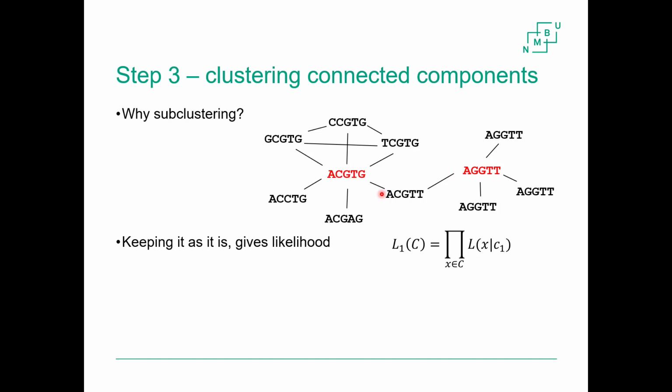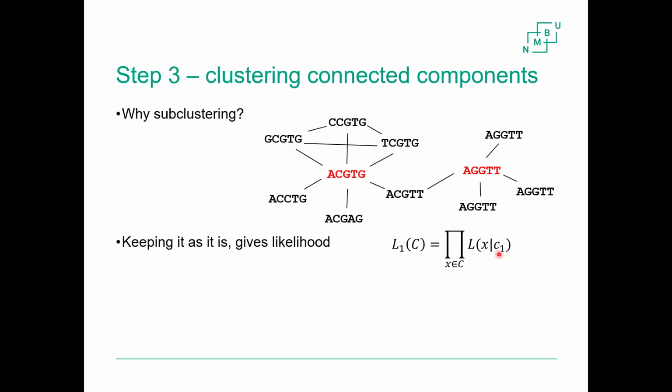But in the second position, this mother says C, and this one says G. So now, if this has 50 votes and this has 50 votes, it depends on the children. And in this case, it turns out C, because there are more children over here having a C in the second position than there are over here having a G in the second. So it's pretty random whether it's a C or a G.